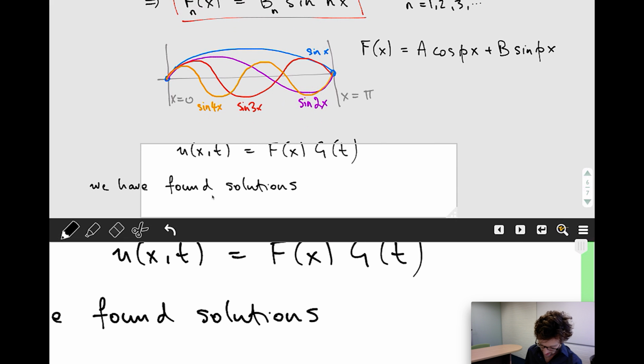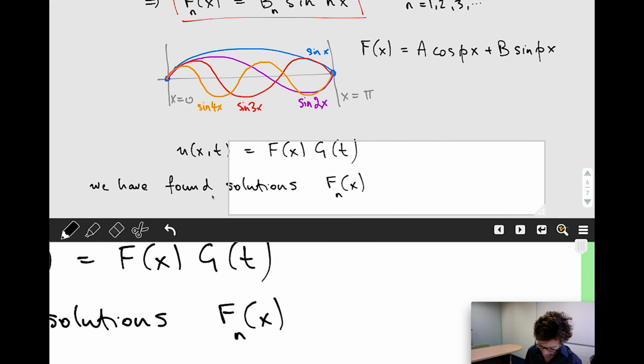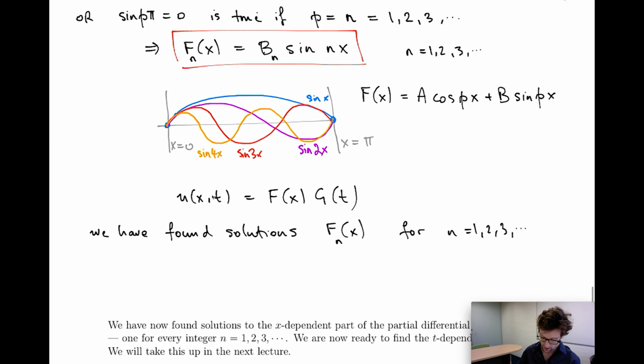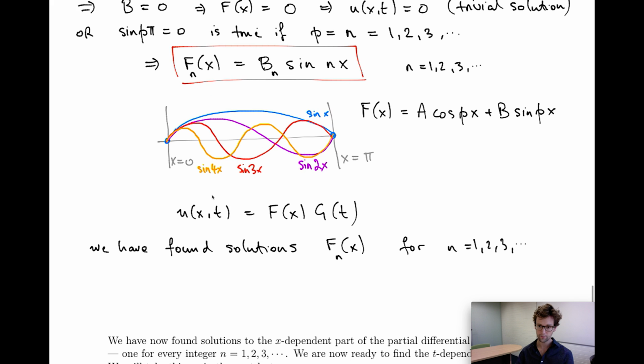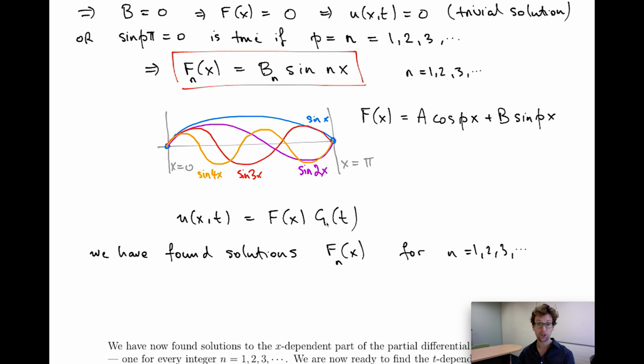So we found f1 of x, f2 of x, we're labeling them f n of x for n is equal to 1, 2, 3, and so on. Any one of those would satisfy that wave equation. We have yet to find what g of t is, and that's what we're going to tackle in the next lecture.